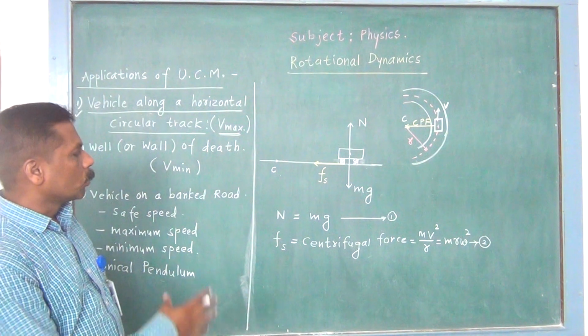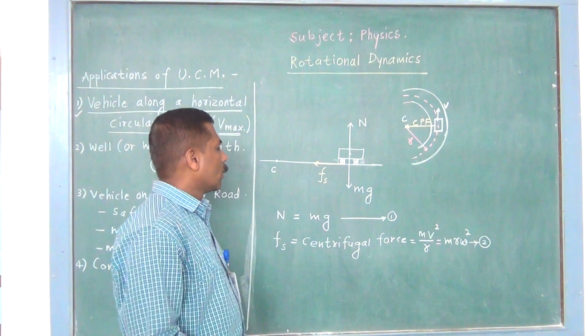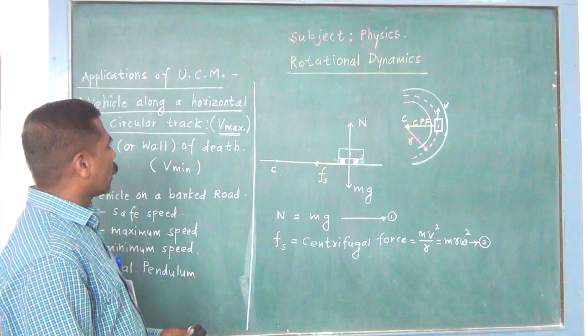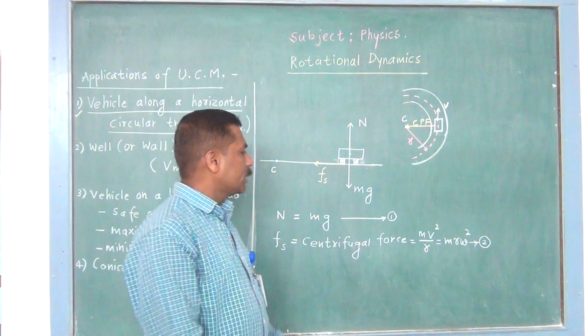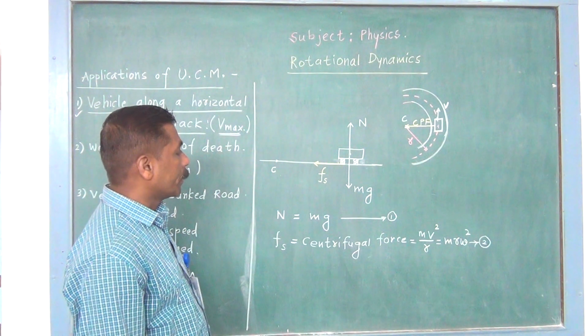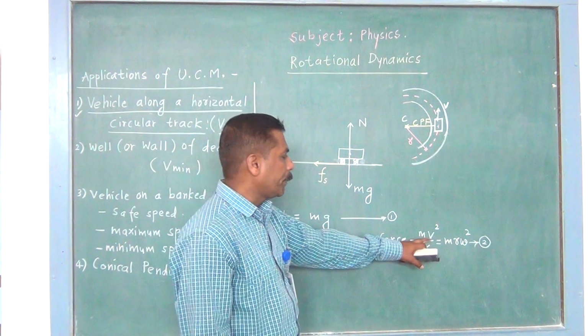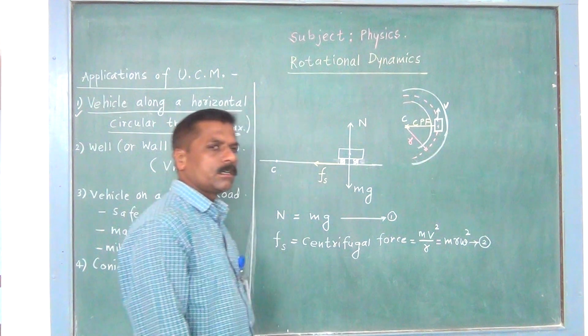Now you have two equations from this diagrammatic representation. We are interested in finding the maximum speed of the vehicle. With the help of these two equations, we are going to find the value of v, which you can observe in equation 2.